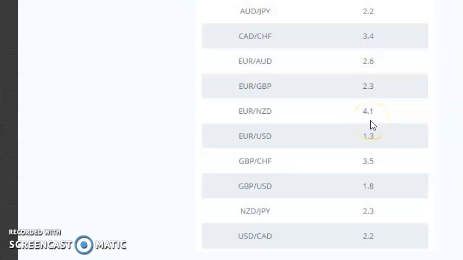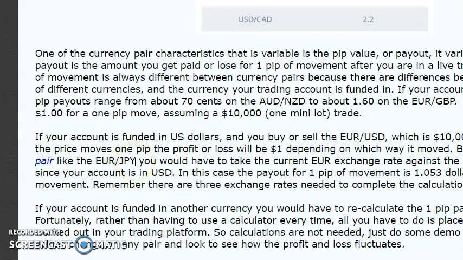That means there's less volume of this pair traded every day. So go check this out, and then check your trading platform and see if you're getting a good deal on your dealing rates. I would check these spreads against the ones you should be getting in the main trading session. The spreads might be wider in the Asian trading session.